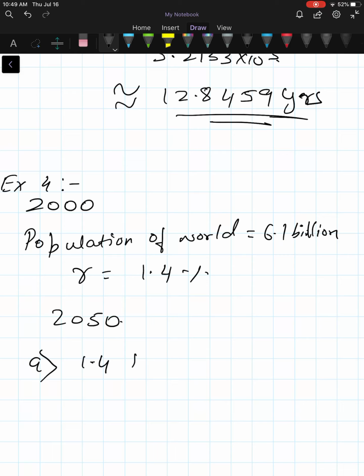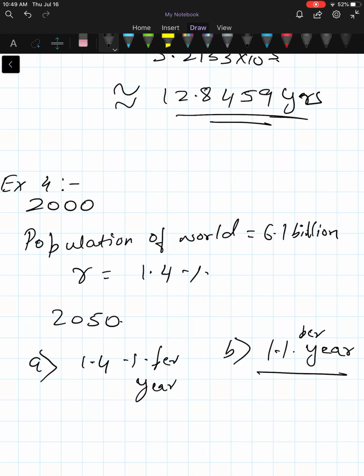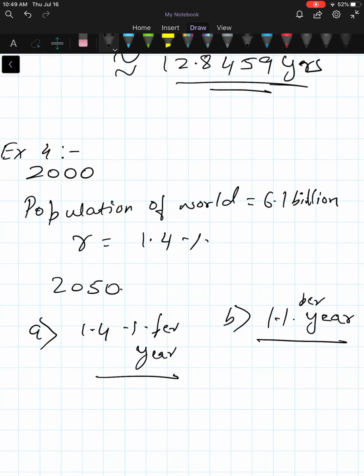A would be 1.4% per year, and B would be 1% per year. So compare the population at each rate of growth, and see whether the claim holds, that there would be a substantial or significant difference in total population within just a few decades.